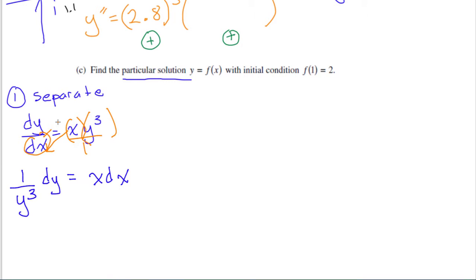This dx, I can just drag it up here and switch it. You don't have to just multiply and then divide. You can literally just switch. So it can also be y cubed dy equals 1 over x dx. You have to have the dx and dy on the top, though. Otherwise, you can't do the integral.